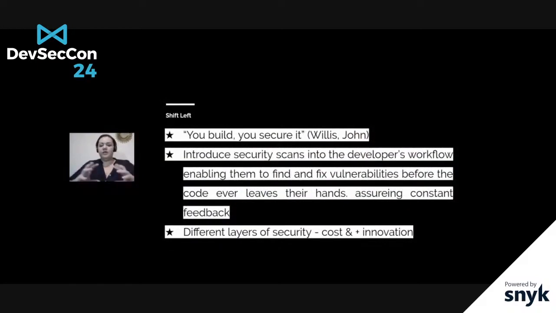And this is great because different layers of security are created, reducing the costs of innovation and accelerating the process of change, because you create a differentiation between secure code and unapproved code.